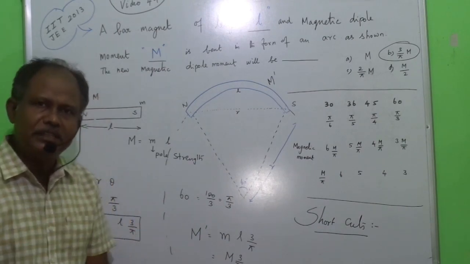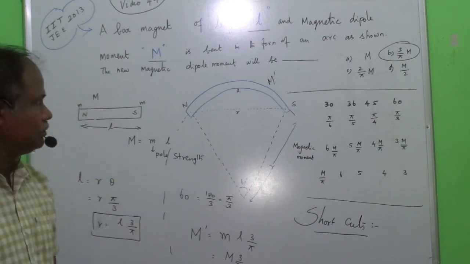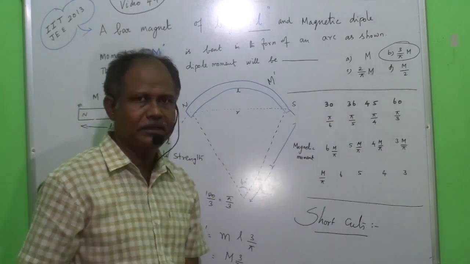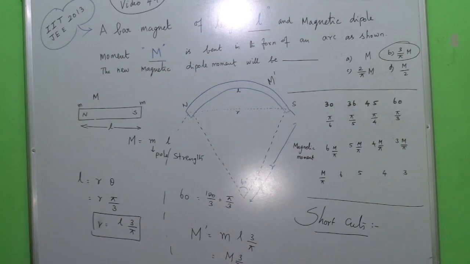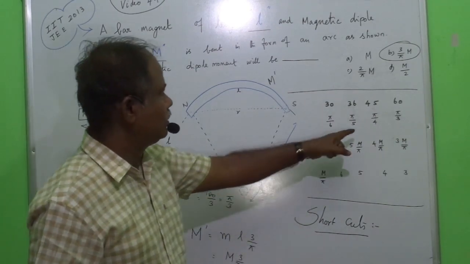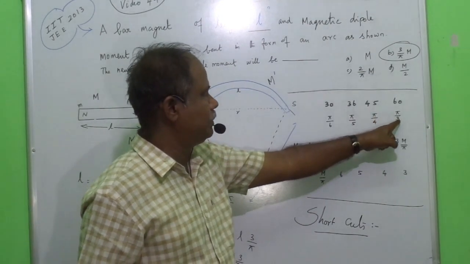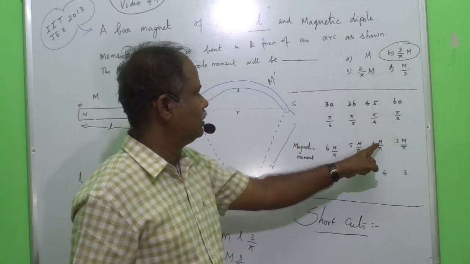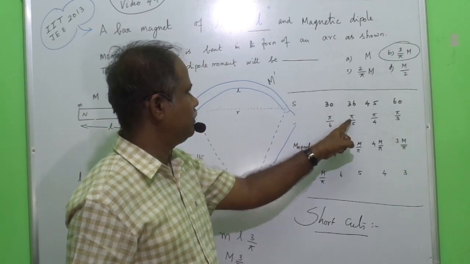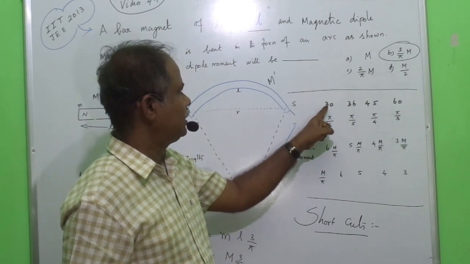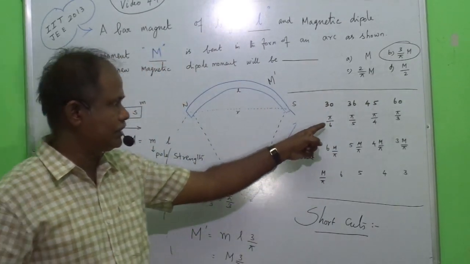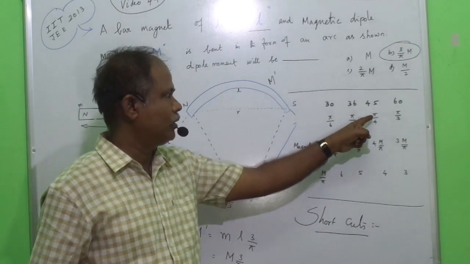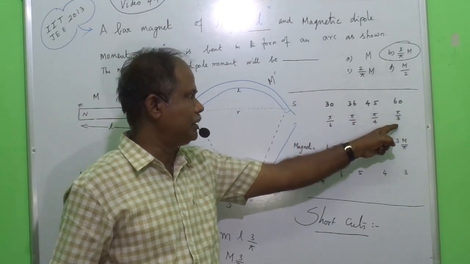If we change that angle, instead of 60, let it be 45. 45 is pi by 4. 60 is pi by 3, 45 is pi by 4, 36 is pi by 5, 30 is pi by 6. That is, 180 by 6, 180 by 5, 180 by 4, 180 by 3.